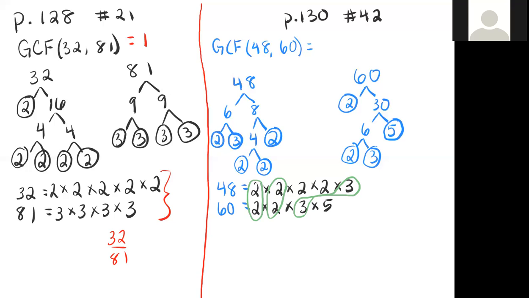All right, so I'm taking 1 box of the 2s, multiplying it by another box of 2s, and then multiplying it by a box of 3. All right, so I know that 2 times 2, that gets me 4. And I'm going to multiply that by 3, which gets me 12. So my greatest common factor between 48 and 60 is 12.